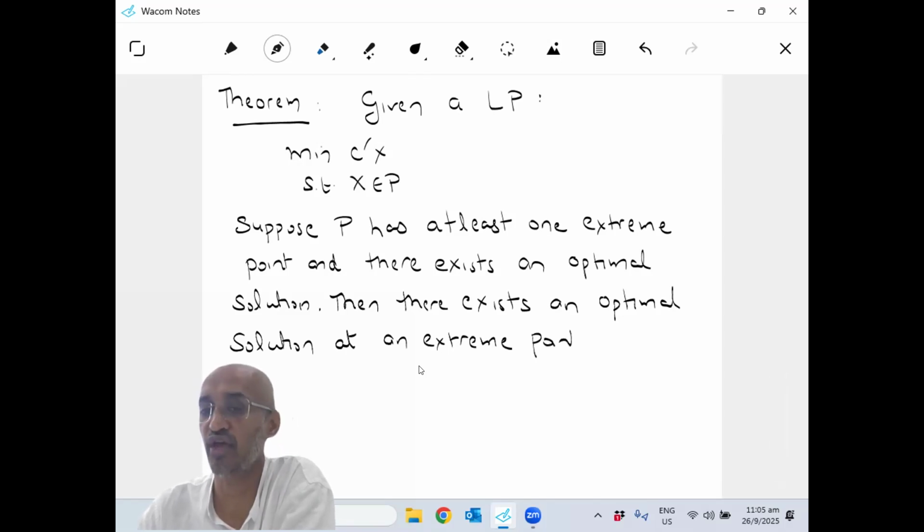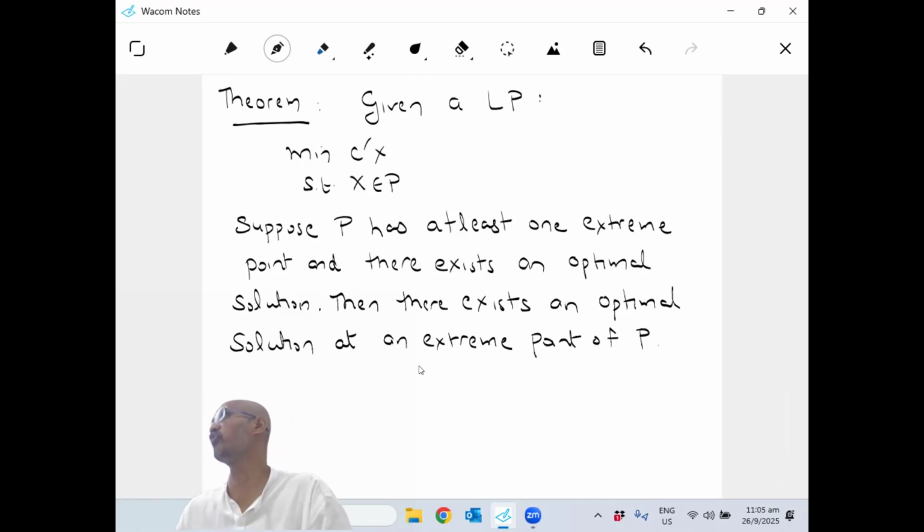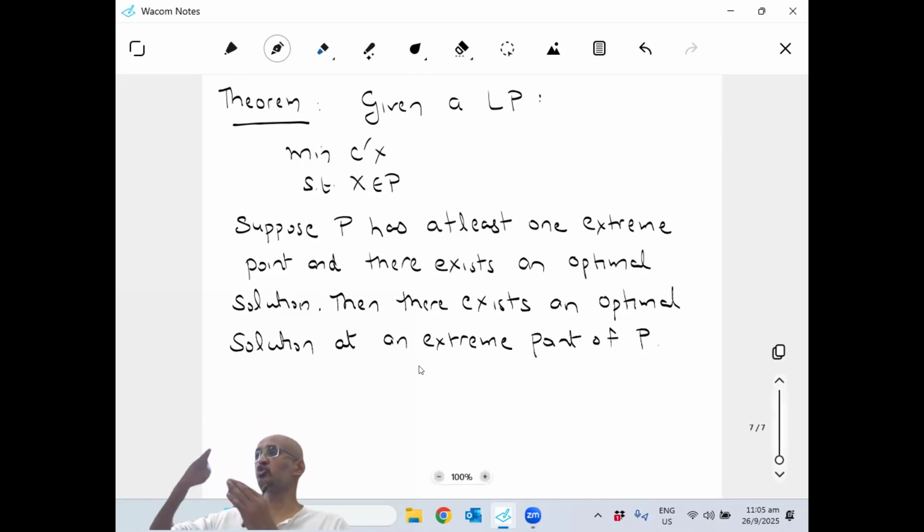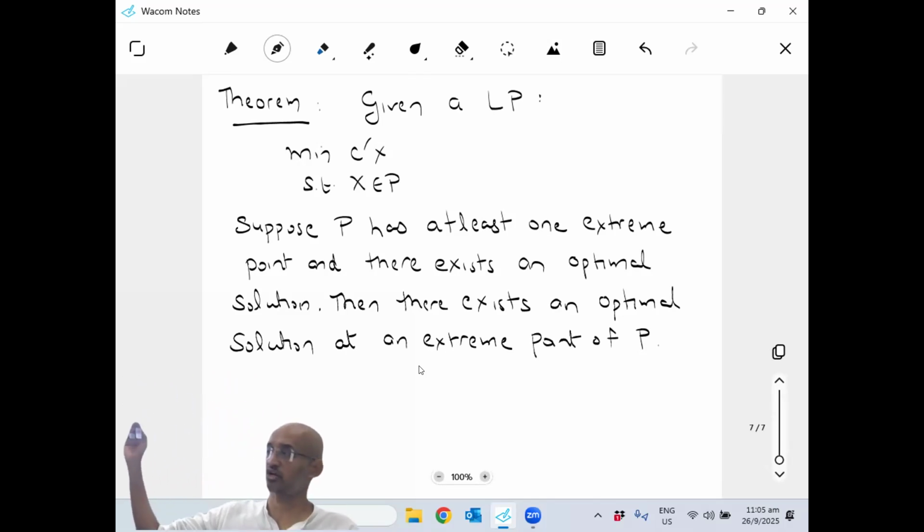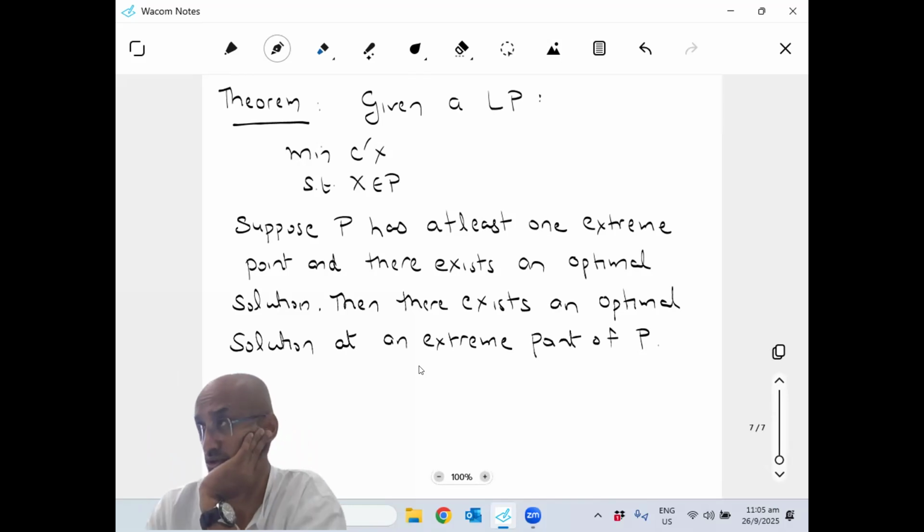Okay, so what this is saying is what we have seen before: at least in two dimensions, when we move the lines parallel to themselves and look at the objective, we see it's at a corner point or a basic feasible solution. This is just making that concrete.